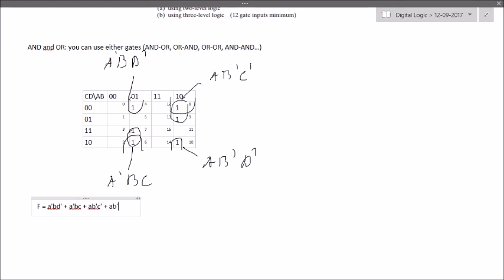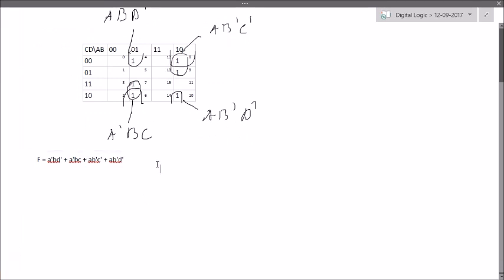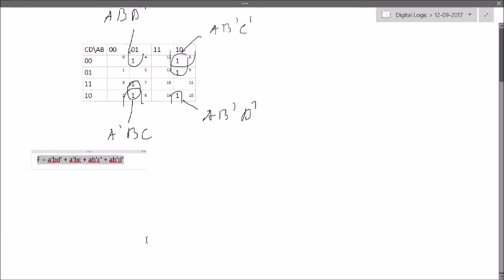That's A B prime D prime. Okay. Now this is a two-level circuit, right? So two-level logic, right? The function is two-level. So A is only asking you to make a minimum circuit for this two-level function. Okay, so let's start making the circuit. It's really simple.